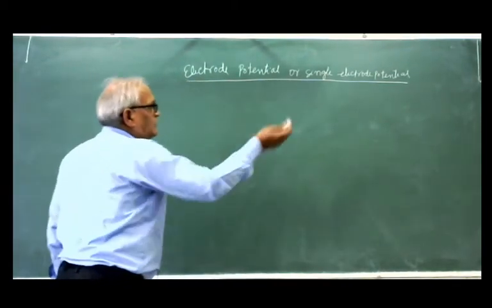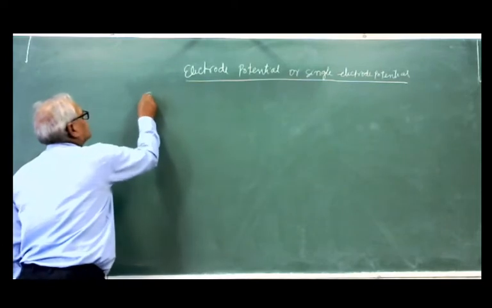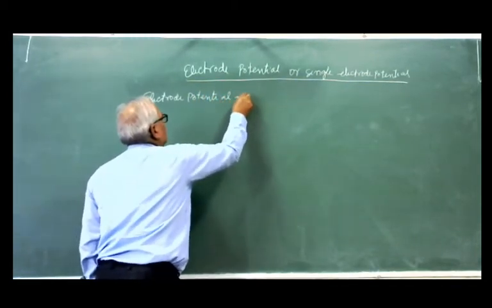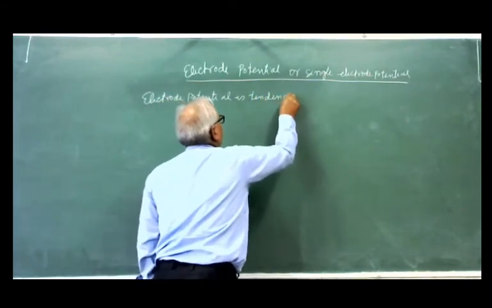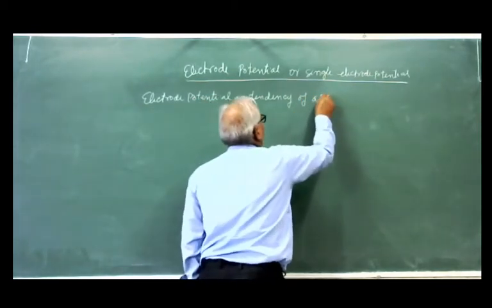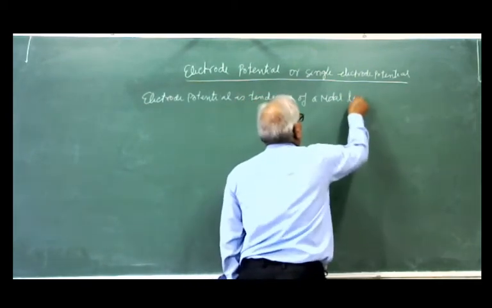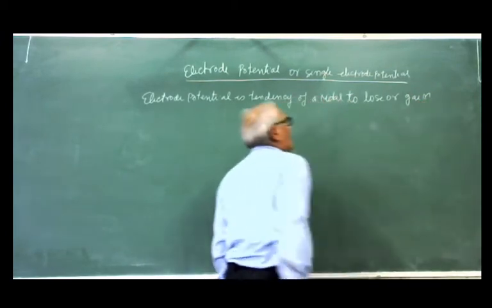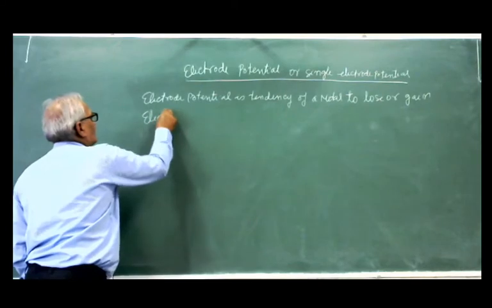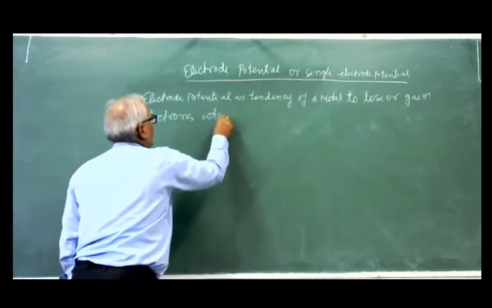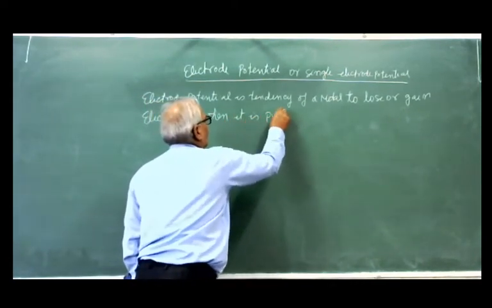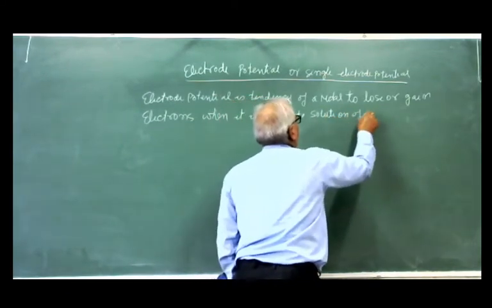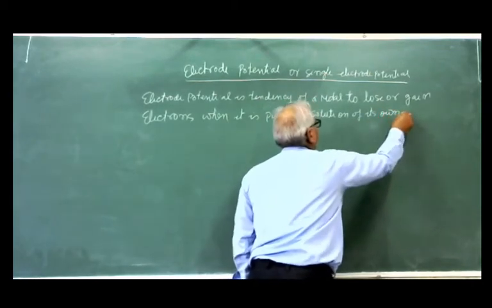This electrode potential can be defined like this: electrode potential is the tendency of a metal to lose or gain electrons when it is put into a solution of its own ions.